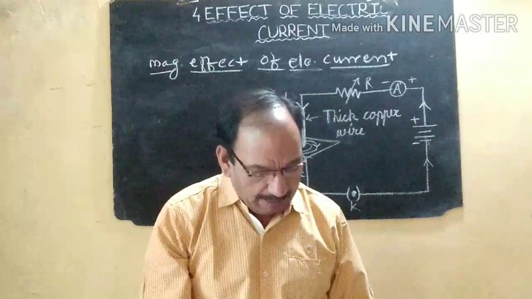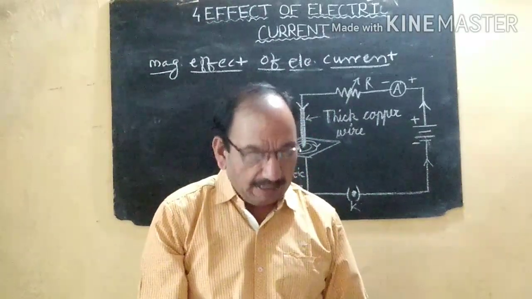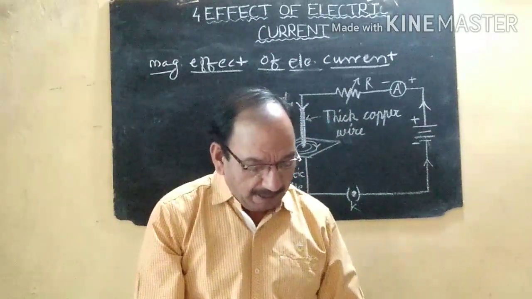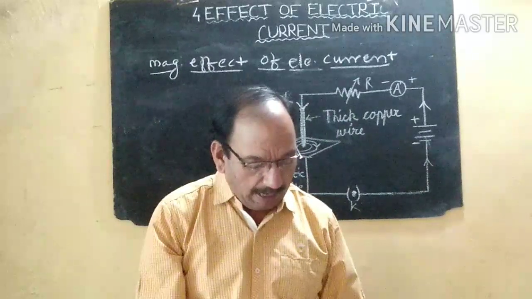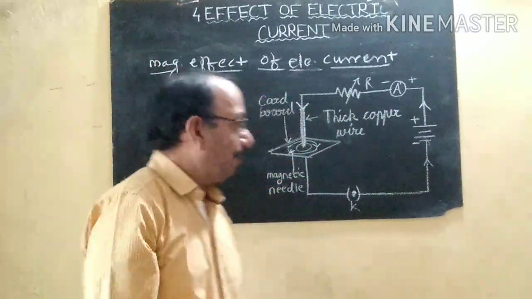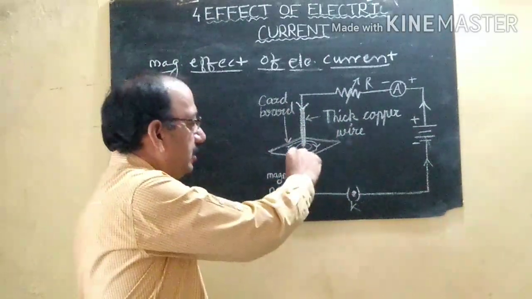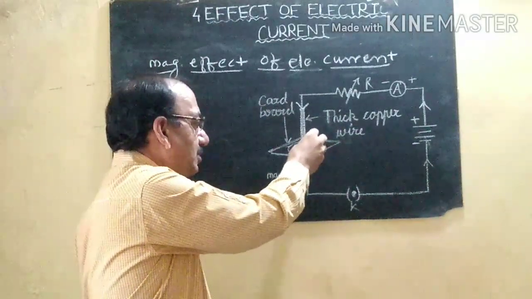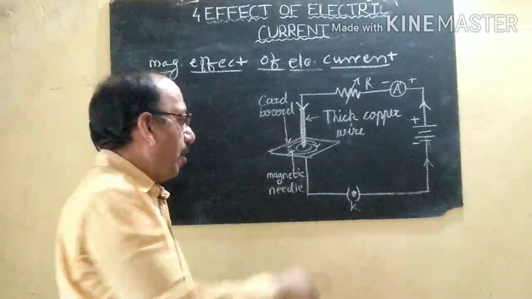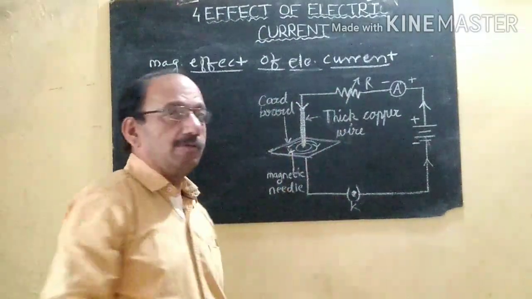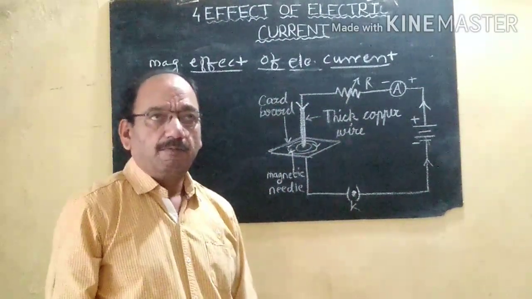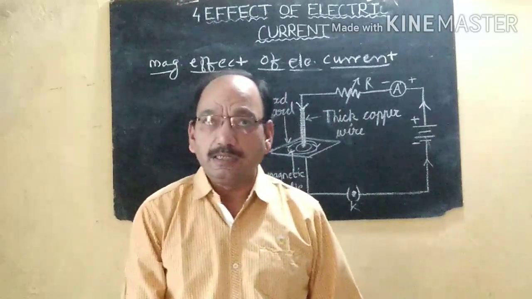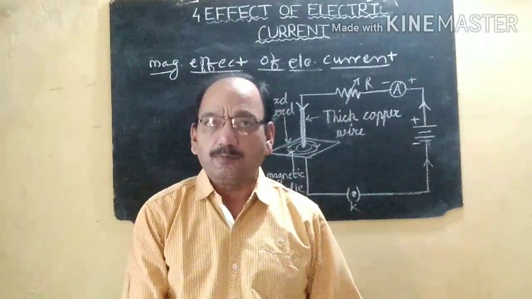Next, instead of the magnetic needle, spread iron filings on the cardboard and observe what happens. When we remove the magnetic needle from this cardboard and spread some iron filings on it, they form circles around the conducting wire. Like in previous classes, you already learned about magnetic lines of force.